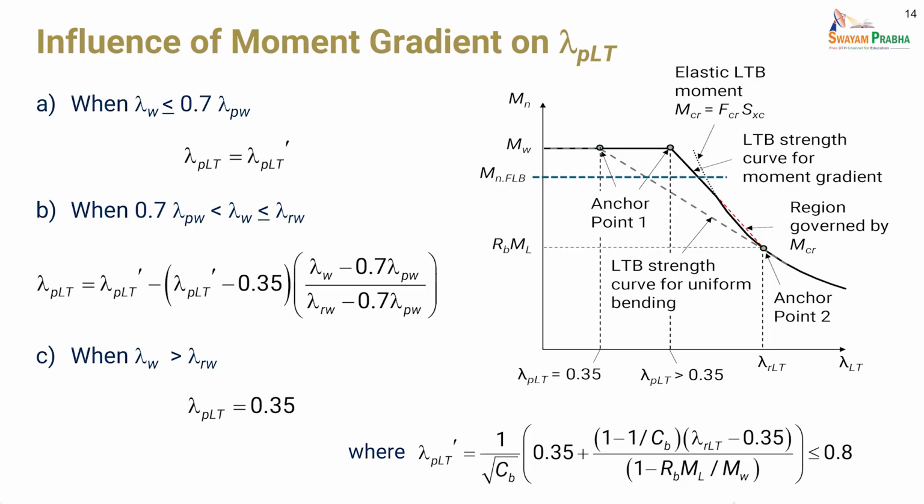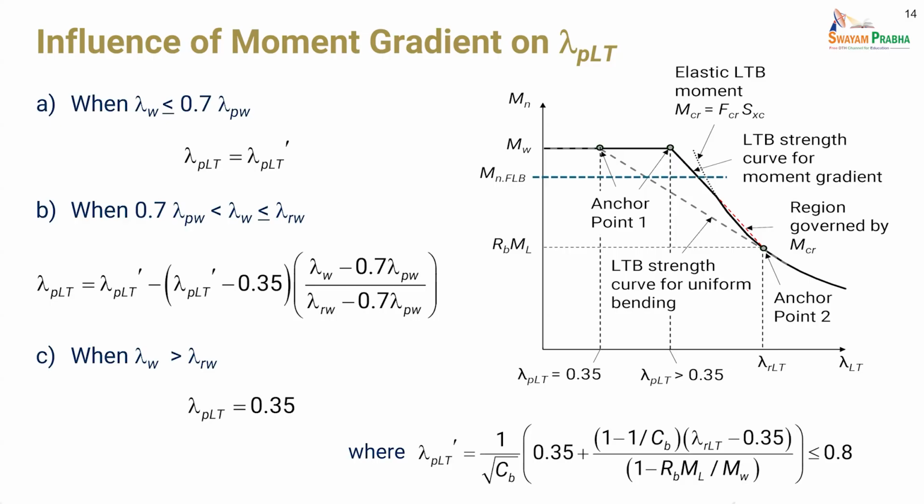And so if you have a web that's less than 70% of the compact web limit for its slenderness, we use lambda PLT as lambda PLT prime, and you can see that's a function of the moment gradient, C sub B. So we use our moment gradient design expressions for C sub B and get an increase in the plateau length with doing that.